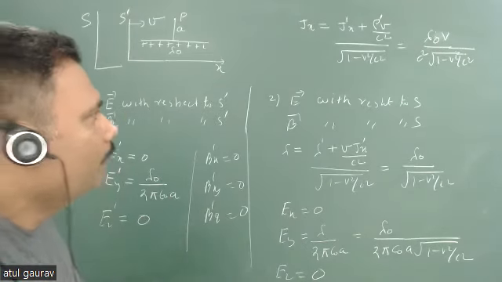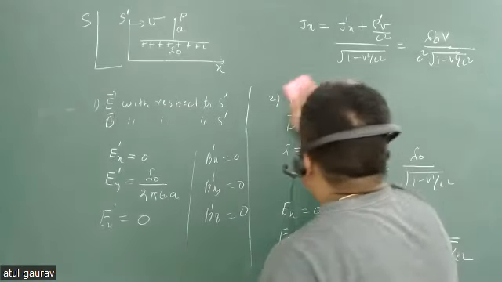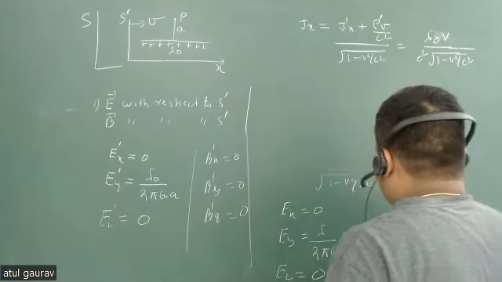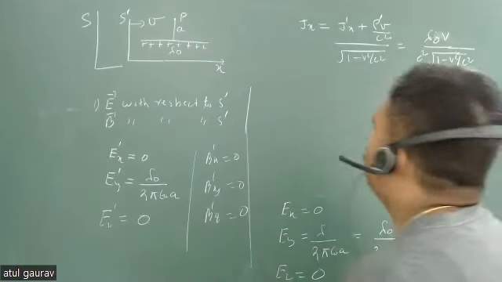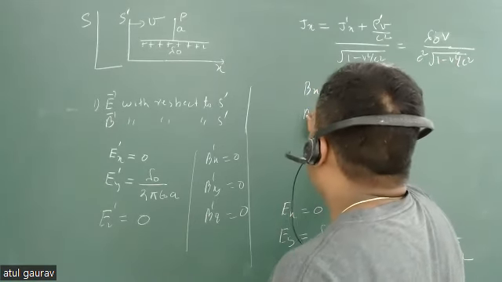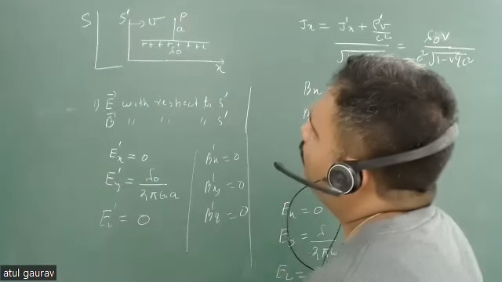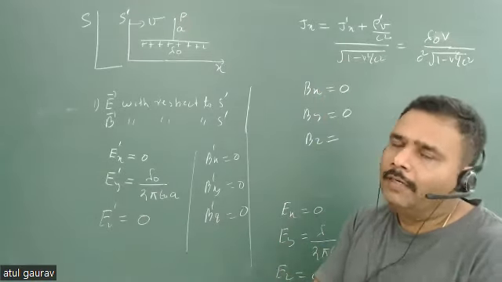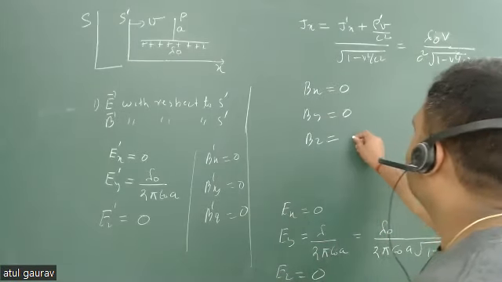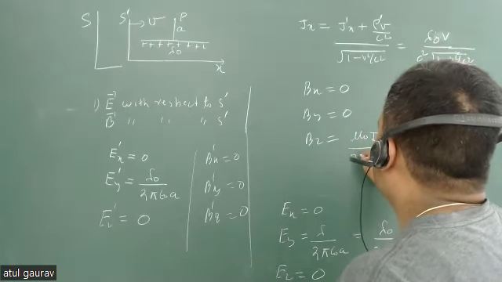In which direction will the magnetic field be? Bx is equal to what? 0. By is equal to 0. But you have Bz, and you will use Ampere's law. And what is this Ampere's law? Mu naught I upon 2 pi A, right?